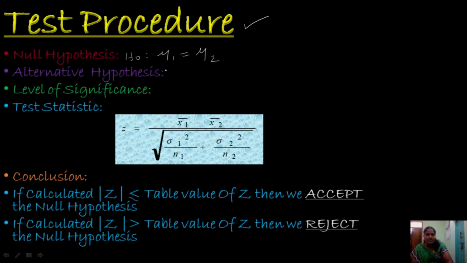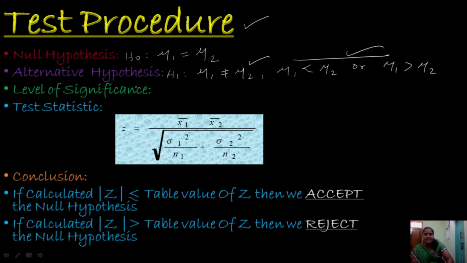And my alternative hypothesis H1 is either mu1 is not equal to mu2, a two-tailed test, or mu1 is strictly less than mu2, or mu1 is strictly greater than mu2, a one-tailed test. Based on the problem itself, we decide whether to follow the two-tailed or the one-tailed test.